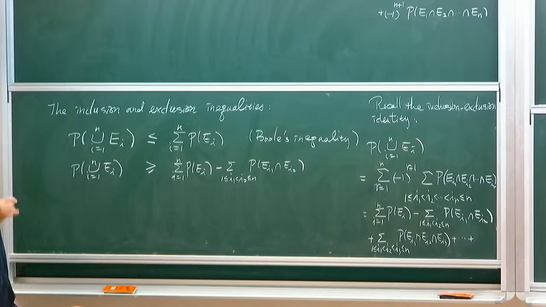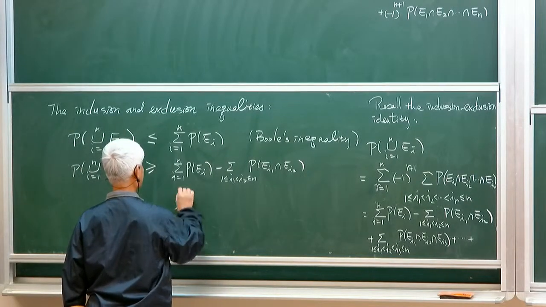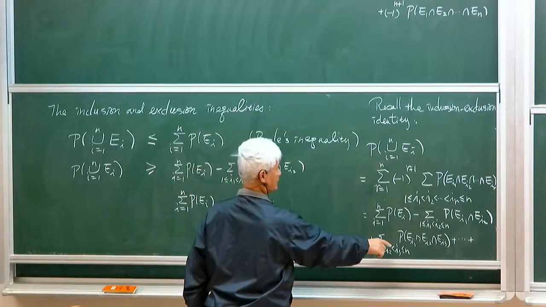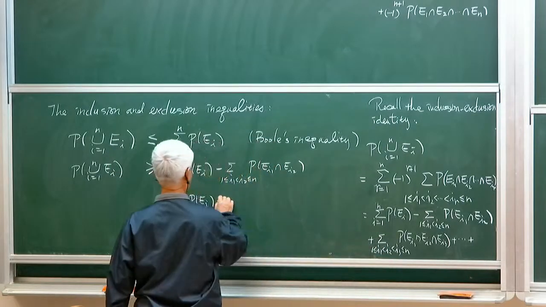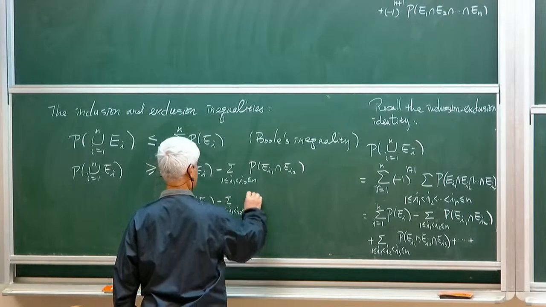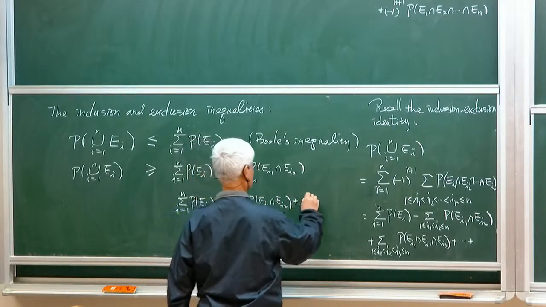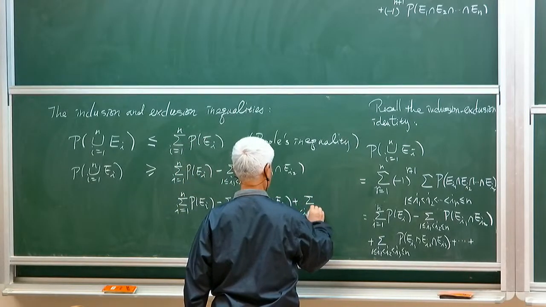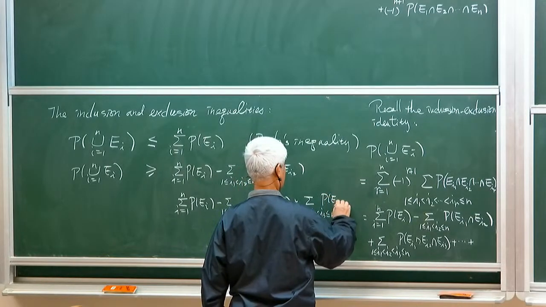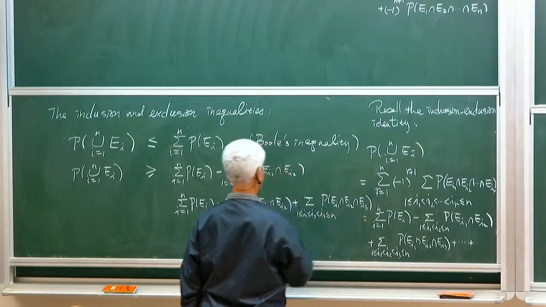This becomes a lower bound, and what happens if we include the third summation here? Now we decide to include it.